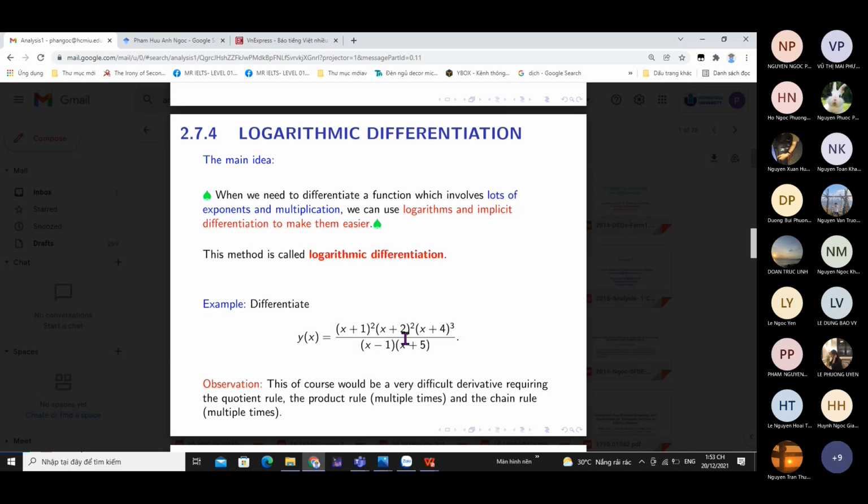You can apply, of course, the quotient rule and the product rule to evaluate the derivative of the function y. However, you have to calculate a lot of terms.